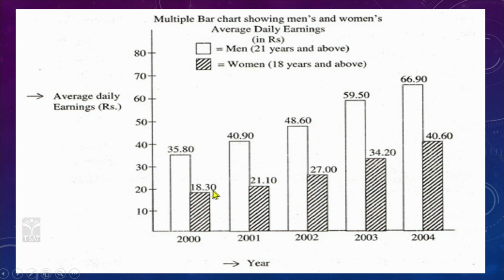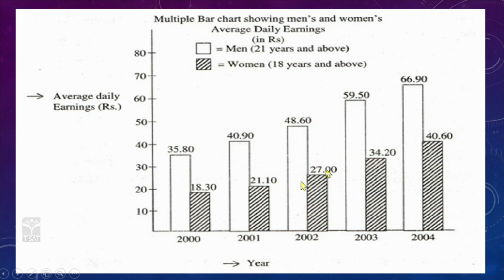So, here approximately 3 rupees are increased, here also around 5 rupees are increased. When you come to this one, it is 48 rupees 60 paisa in 2002, in 2003 it is 59 rupees 50 paisa and in 2004 66 rupees 90 paisa.